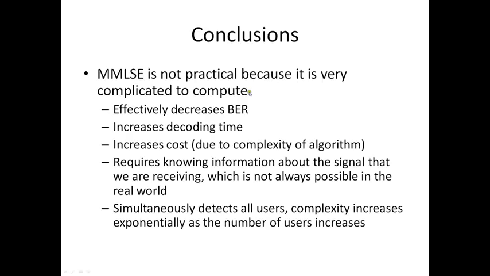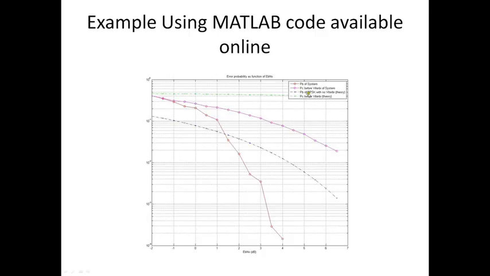So overall, this function is not practical because it's so complicated to compute. And this graph is very simple. The MATLAB code that I used to generate it took about an hour to run, and my computer is relatively quick.